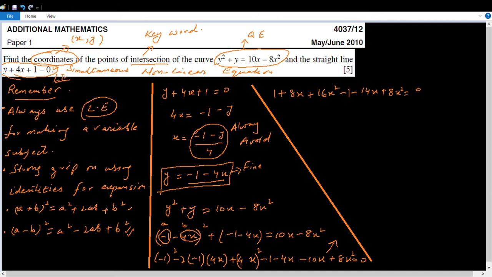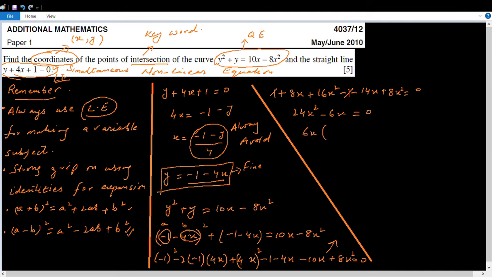Now when I further simplify it, it will become 16 and 8, 24x square, and minus 14 and 8 minus, so obviously minus 6x, and this one and this one cancel, equals to 0. So now you can take 6x common.